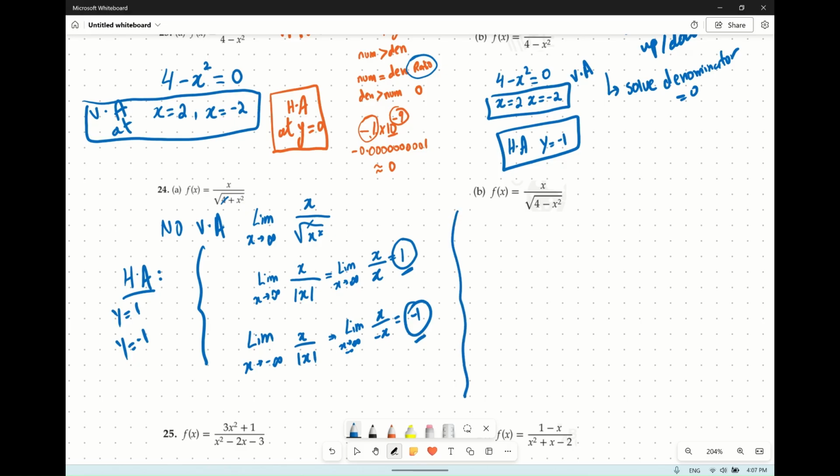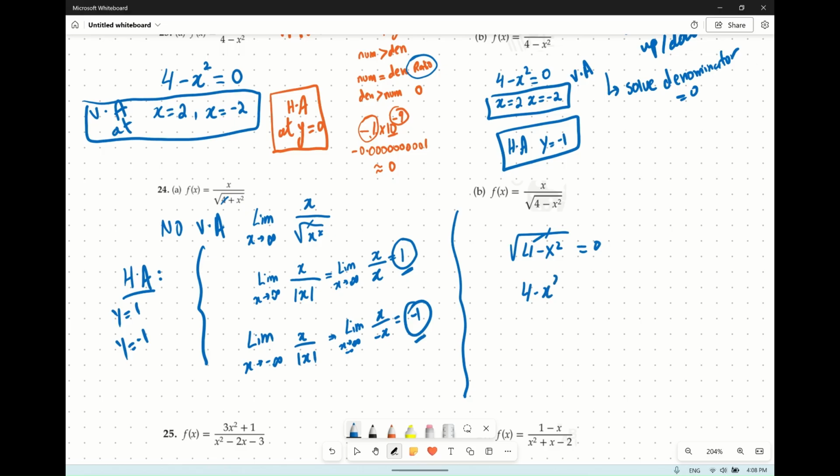Now we go to 24b. Again, for the vertical asymptote, do you see anything that cancels up and down? No. So what do you do? You take the denominator and you solve it equal to 0. So square root of 4 minus x squared equals 0. The root will cancel.